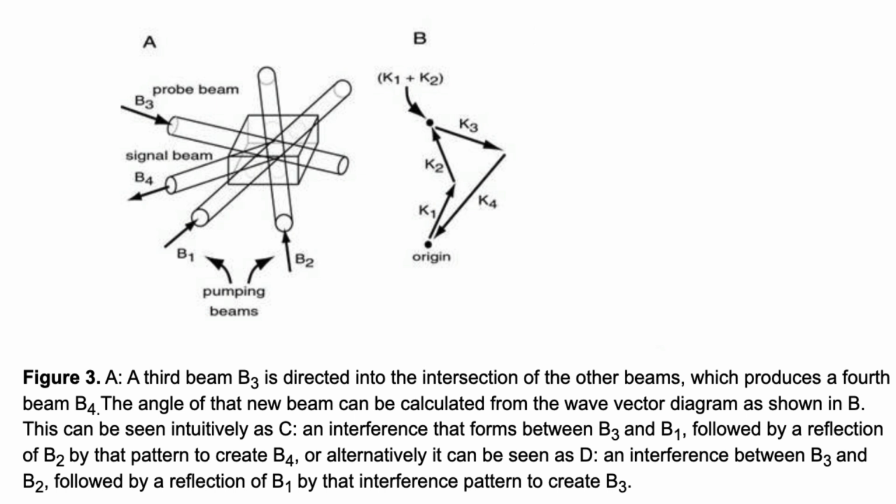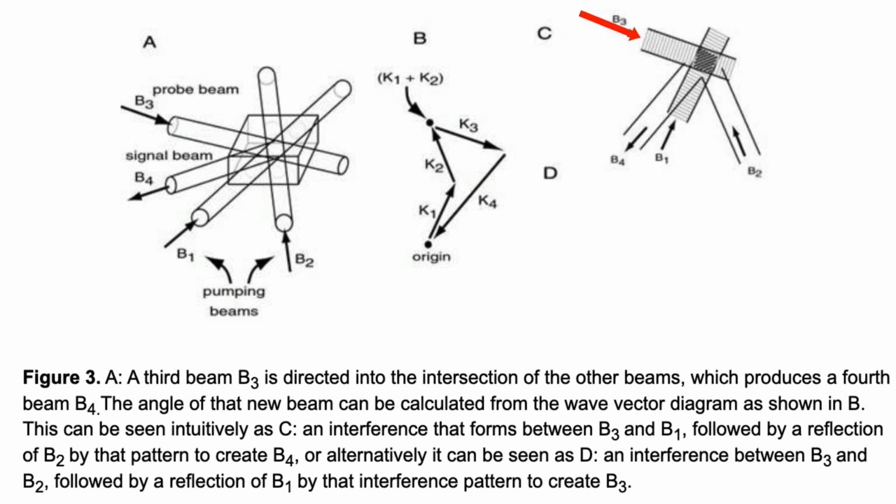There are two ways that this phenomenon can be understood intuitively. We can say that probe beam B3 interferes with pumping beam B1 to produce an interference pattern, as shown in Figure 3c, along their angular bisector. Then beam 2 reflects off that interference pattern to produce the signal beam B4.